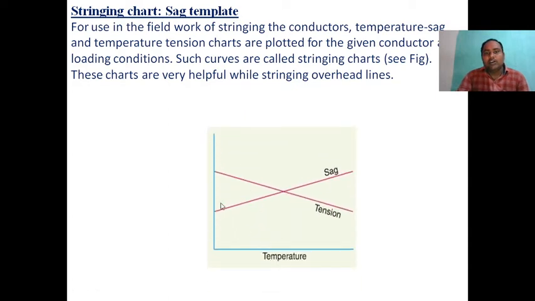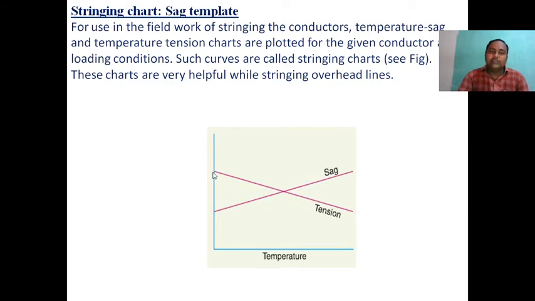So this is a graph drawn between sag and tension versus temperature. If the temperature increases, the sag increases. If the temperature increases, the tension T decreases. If you draw the graph between sag and tension, they have an inverse relationship.